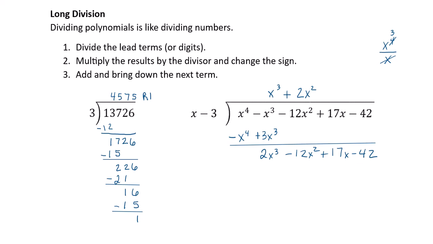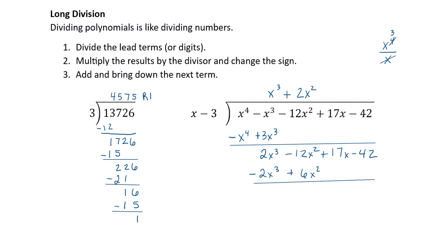So 2x squared times x is 2x cubed. 2x squared times negative 3 is negative 6x squared. Then we'll draw our line, change our signs, and combine down.